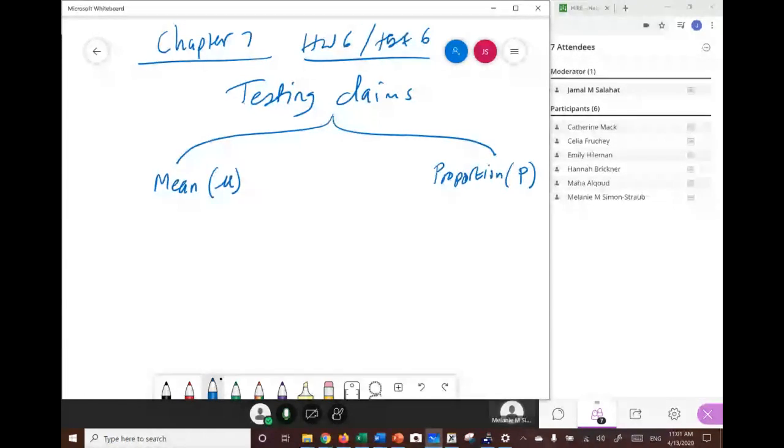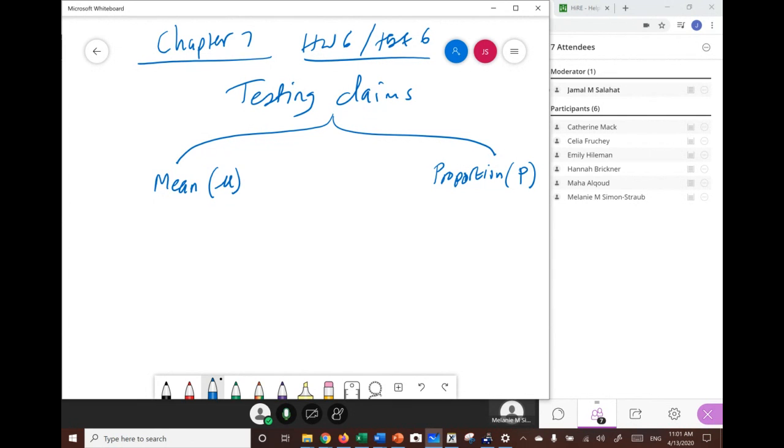Now, in many questions in the homework, you have to pay attention to the last part of the question when they ask you to test a claim. In the last part, they are always asking what should we do: reject the claim or fail to reject the claim.